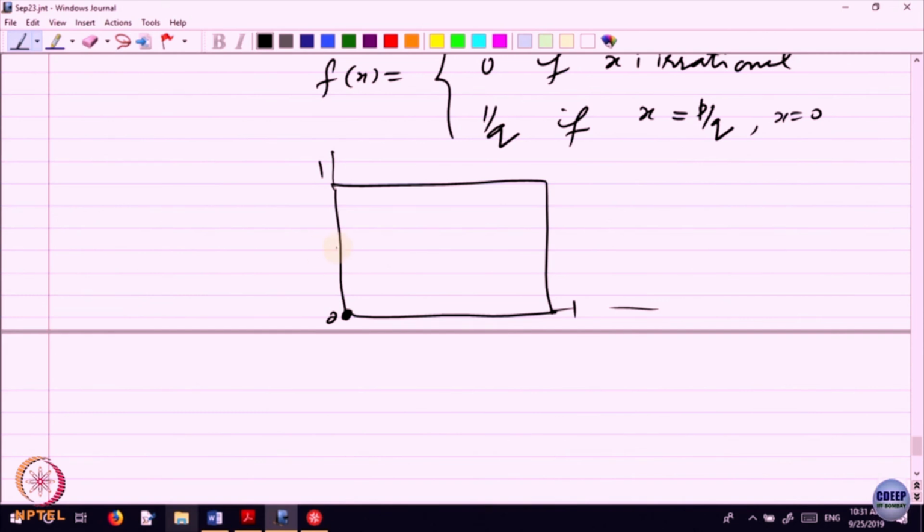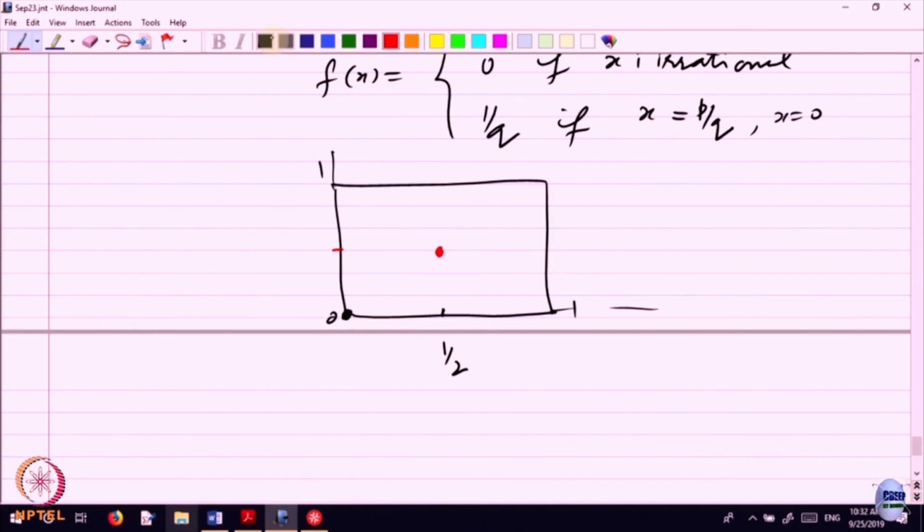So let us take what is the value at the point x equal to half. When x is equal to half, what is the value of the function? It is half, right? It is rational, the value is half. Okay.